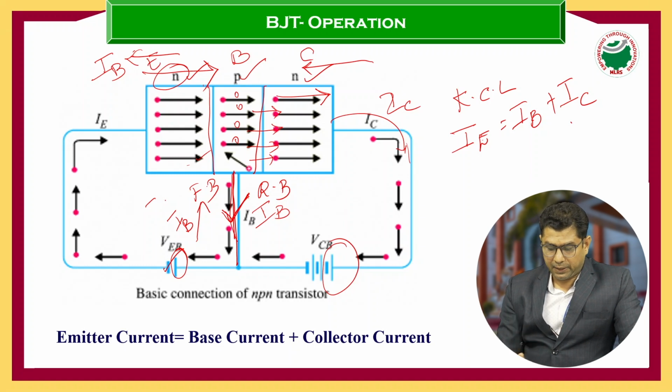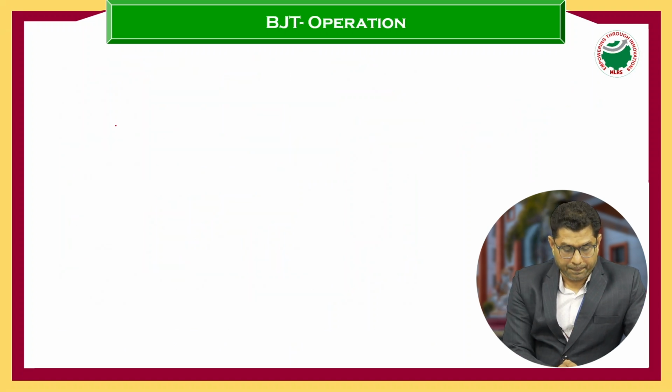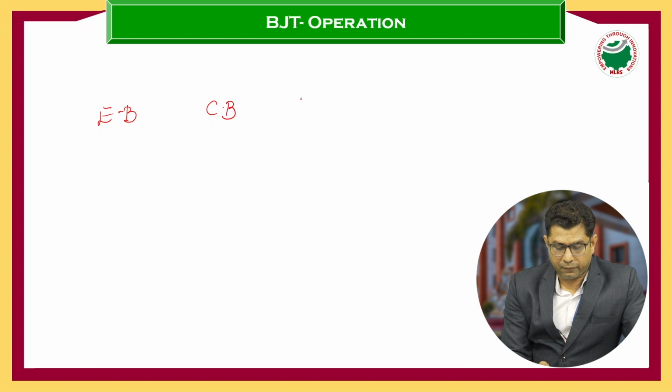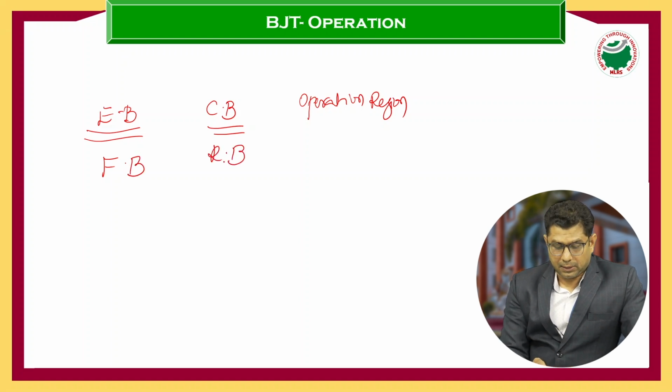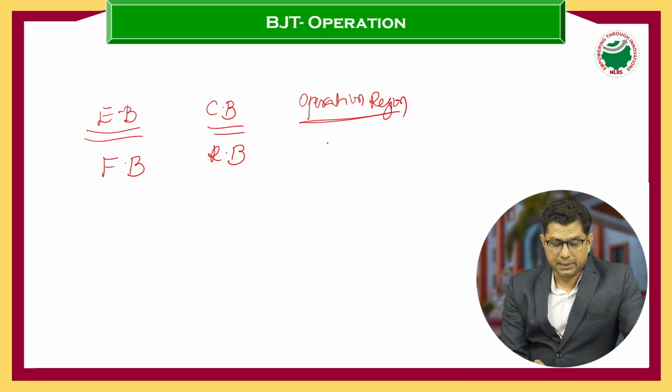When we consider the different modes, there is the emitter base junction and the collector base junction. If the emitter base junction is forward biased and the collector base junction is reverse biased, then the bipolar junction transistor is in active mode.